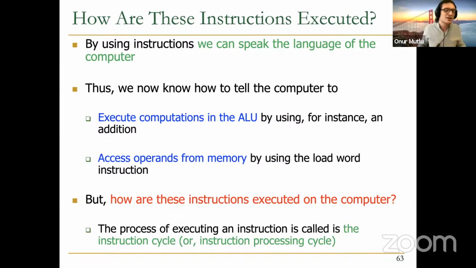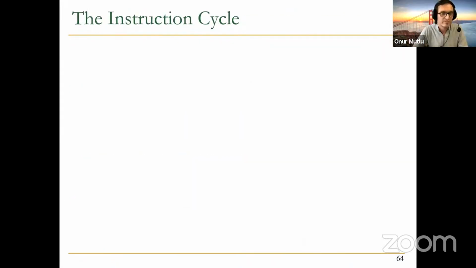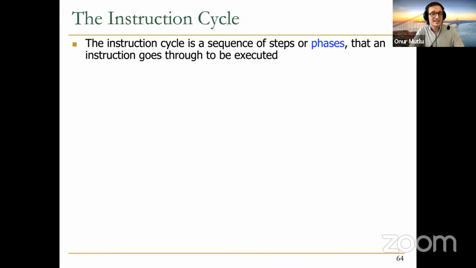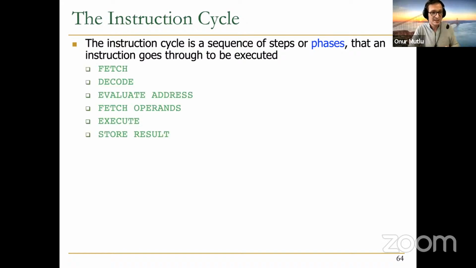It just happens to be called a cycle, unfortunately. The instruction processing cycle is a sequence of steps or phases that an instruction goes through to be completely executed or processed. These are the 6 steps that are general enough to execute any instruction: you need to fetch the instruction, decode it, evaluate its address, fetch its operands, execute it, and then store the results.